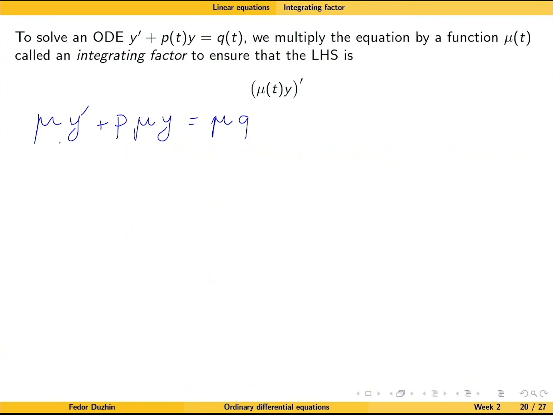At the same time, we want this to be equal to the derivative of mu y. But the derivative of mu y is mu y prime plus mu prime y. So let us compare what we have.